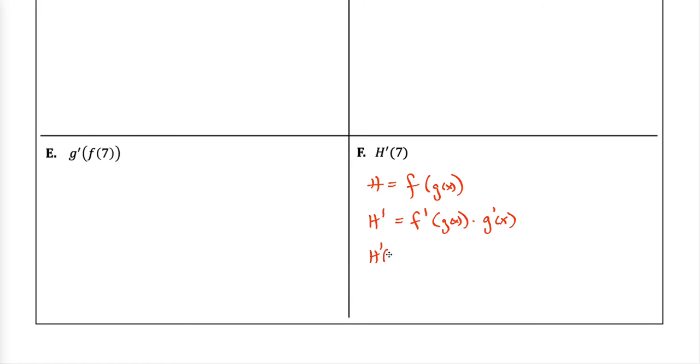So h prime of 7 would be f prime of g of 7 times g prime of 7. Now I'm going to guess this is probably the portion of the question that's the hardest for you. I know looking at the graph isn't terrible, but obviously, like me, you could read the wrong line. You could look at something different.